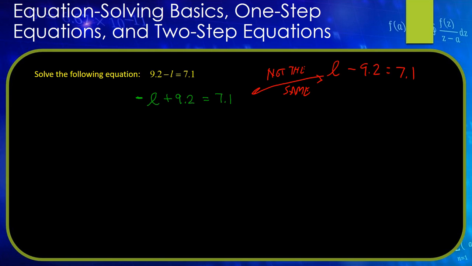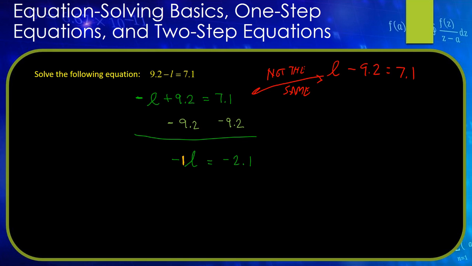So the first thing I have to do to solve for L is subtract 9.2 from both sides. When I do that, I get negative L equals negative 2.1. And again, as I mentioned before, that negative L is the same thing as negative 1 times L. So I've got to get rid of that multiplication of negative 1.